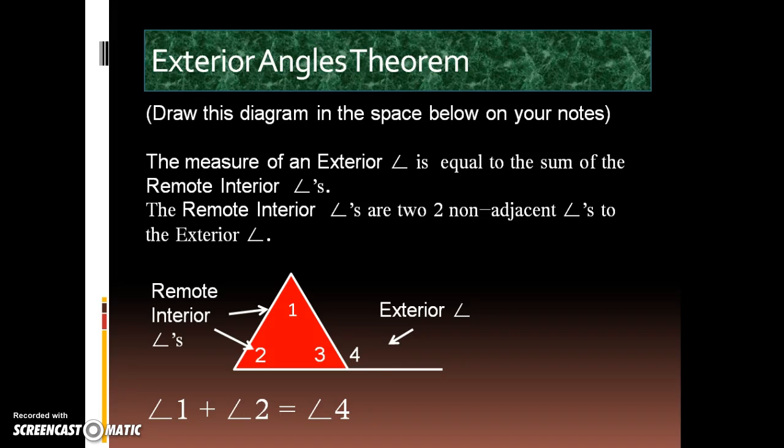You're going to use your remote. So from the exterior angle here, you're going to use your remote to change the channel on TV 1 and TV 2. So think about that when you're trying to set up this problem to solve. That angle 1 plus angle 2 is going to equal angle 4.